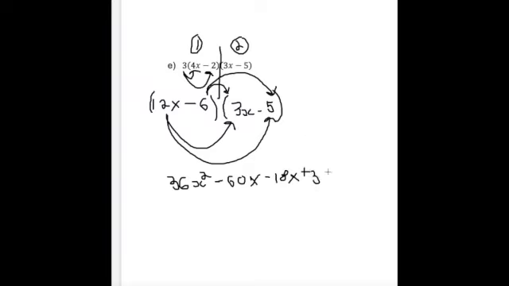Then minus 6 times minus 5 is plus 30. Remember collecting like terms, so the x's have to come together. Minus 60 minus 18 is minus 78x. So you're left with 36x squared minus 78x plus 30.